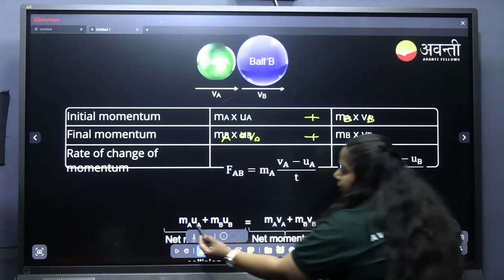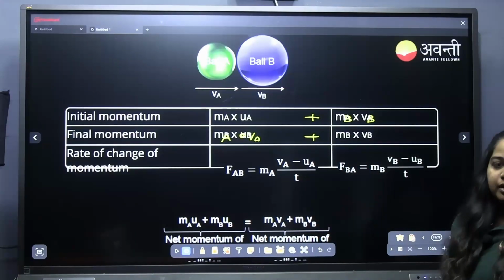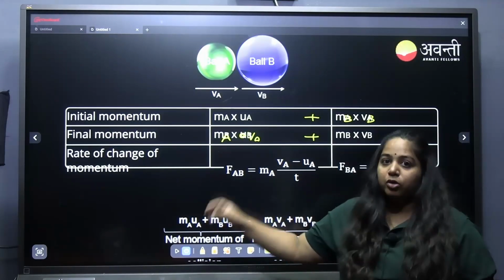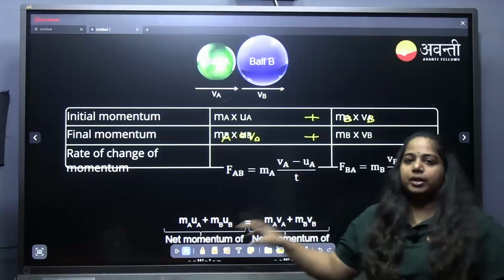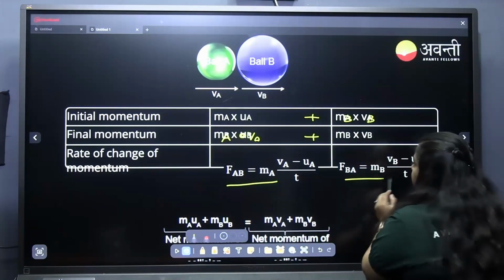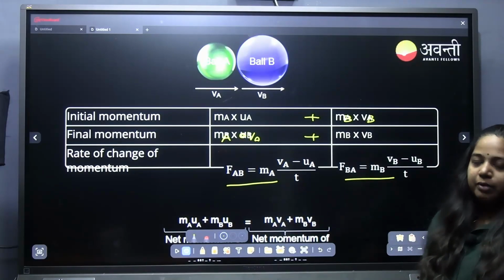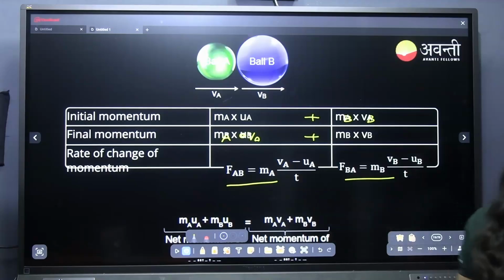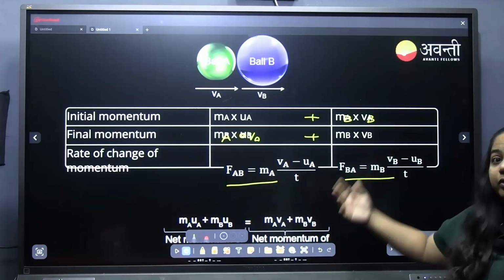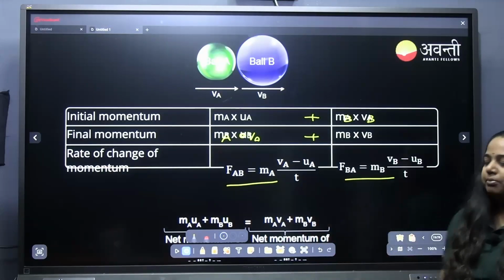So initial momentum and final momentum are equal to each other. Before collision, what was the momentum of the system? Total momentum, not individual particle. Total momentum will be equal to final momentum. And the forces, both will have the same magnitude, direction will be different, but magnitude will be same. Don't overthink this topic. Just initial momentum and final momentum of the system are equal.